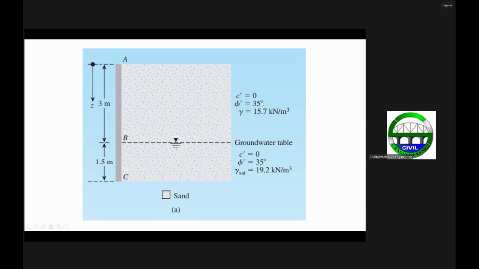The friction angle is 35 degrees. The unit weight is 15.7 kilonewtons per cubic meter above the groundwater table, whereas the saturated unit weight is 19.2 kilonewtons per cubic meter below it. Take note, the saturated unit weight is higher than the unit weight, so this is probably the dry or moist unit weight, which is not specified.